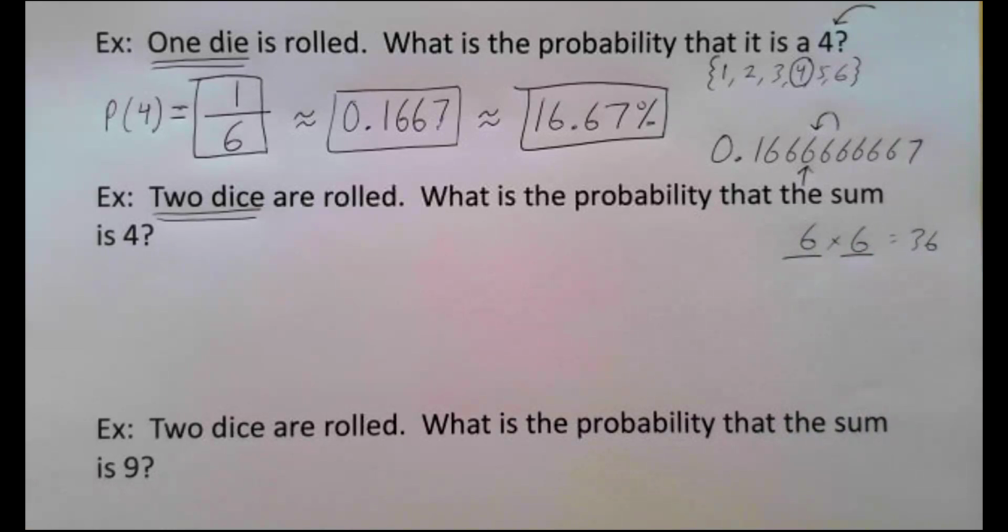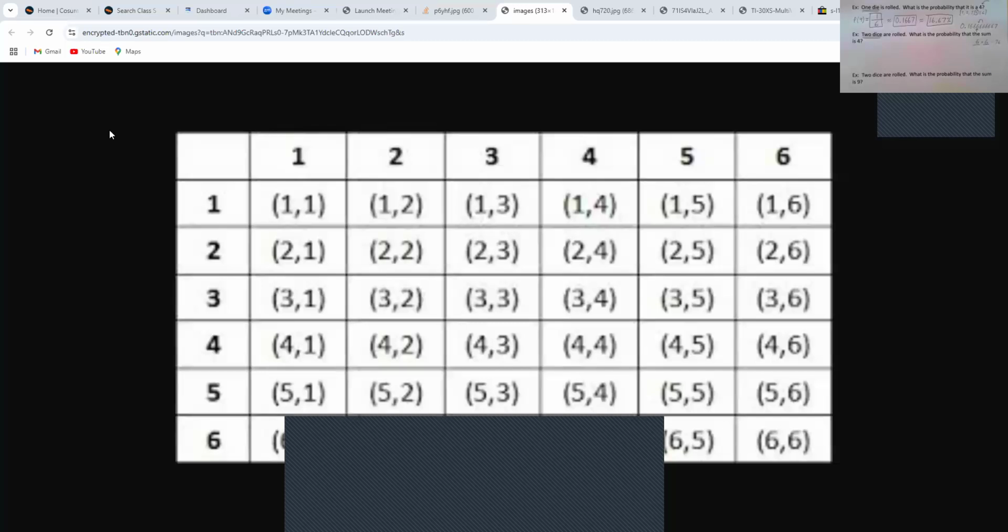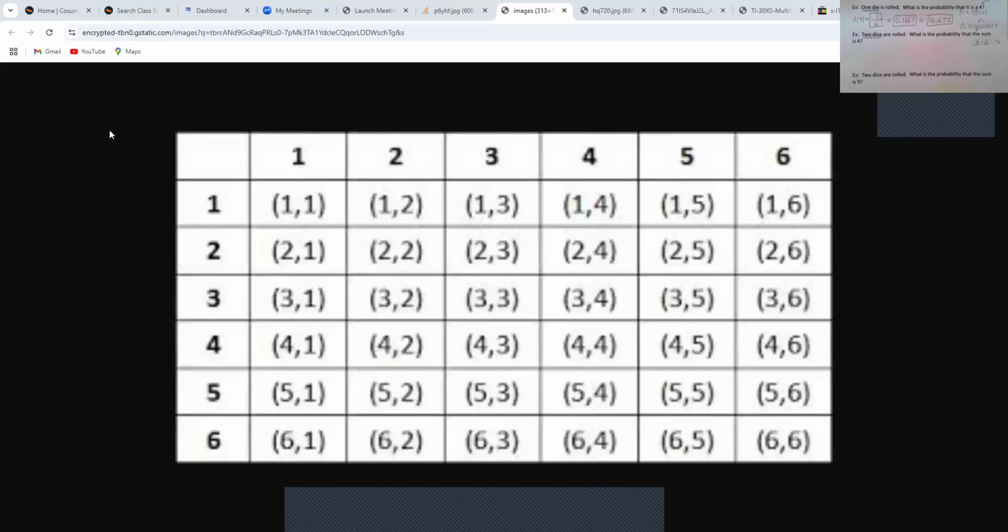I have a picture here of all 36 of those. I know we've looked at this before, and I think you also have access to this. We've seen this picture in our previous lectures. You can also easily just create this or Google.